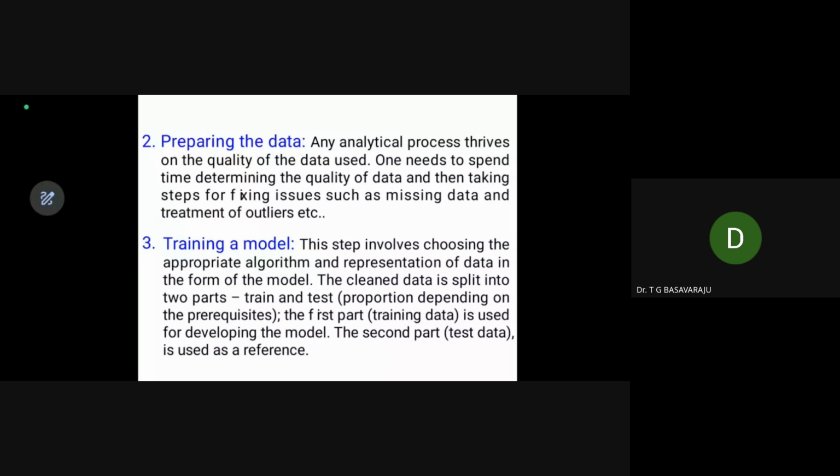Next will be training a model. Here we take the total data set that we have and divide it into train and test portions. Mostly the training data is more compared to the test data, and the test data is like the new data I was showing in the previous block diagram.